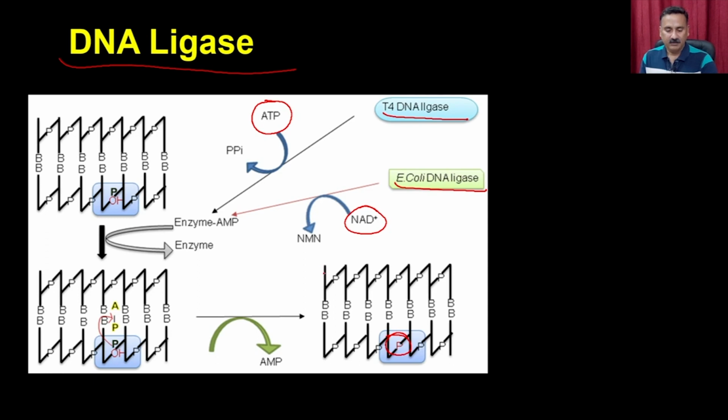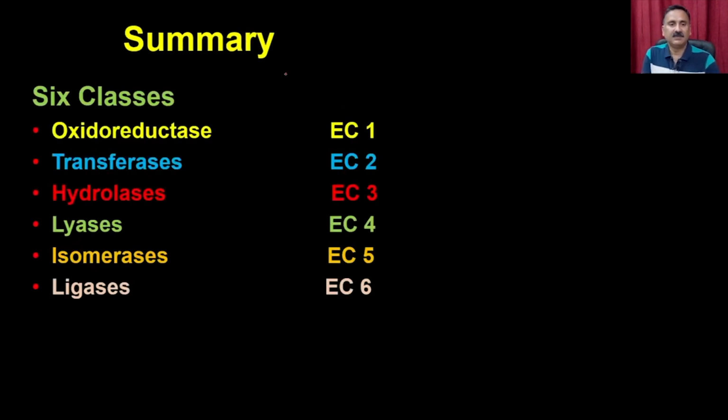So this is what we have discussed so far, about the classification of the enzyme. We discussed why it is important to classify the enzyme, and what is the advantage of classifying the enzyme.